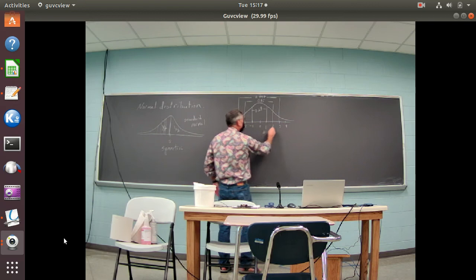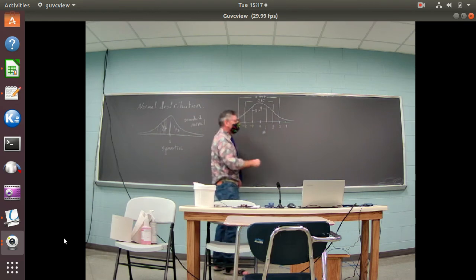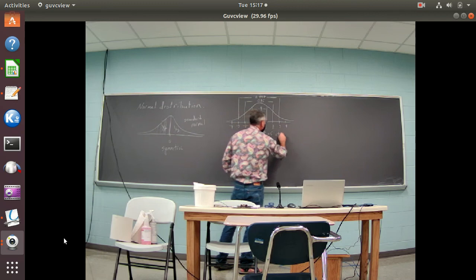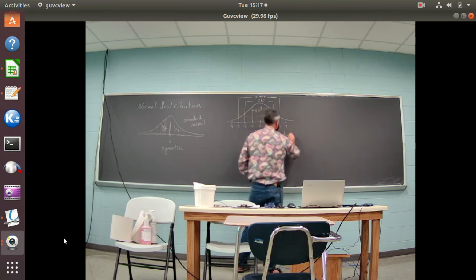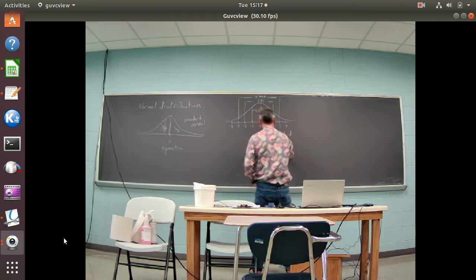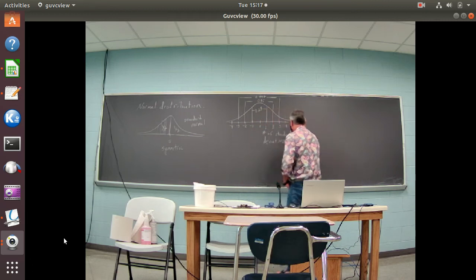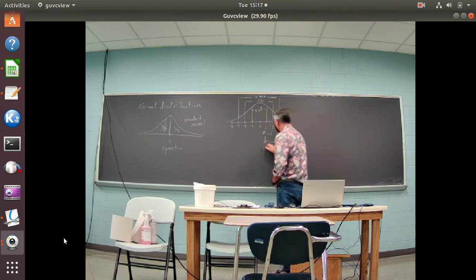Each of these numbers along the number line is the number of standard deviations for the population.